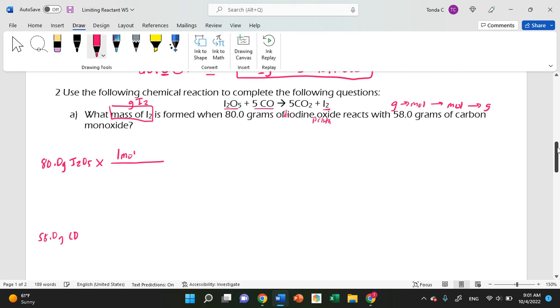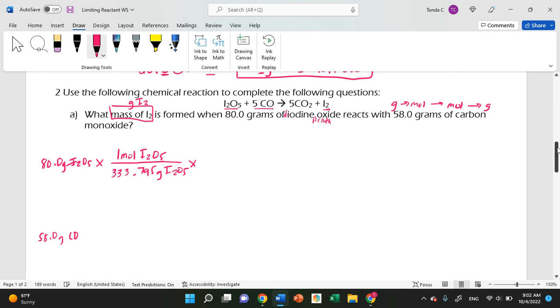Notice molar mass is always 1 mole, and then I'm finding the molar mass of the compound that I'm starting with. So the molar mass of I2O5 is 333.795 grams of I2O5. So 2 times iodine's number plus 5 times oxygen's number.